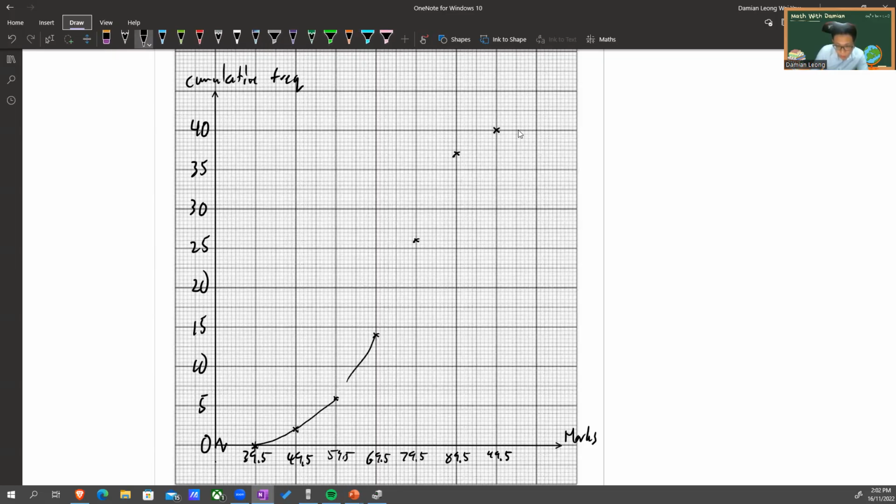So basically, it should curve one way, and then curve the other way. Yeah, something like that.